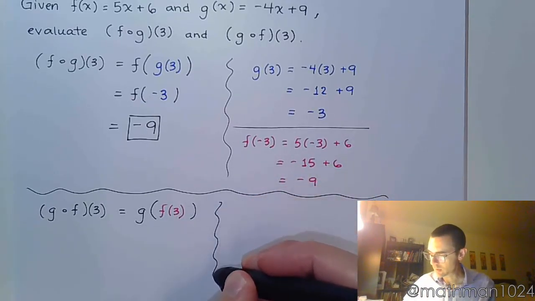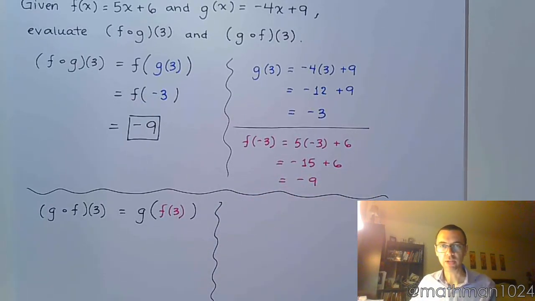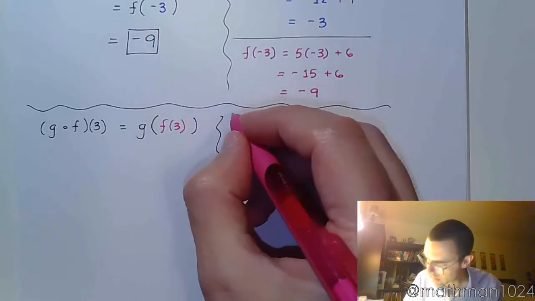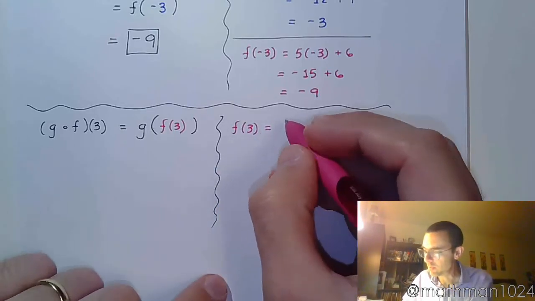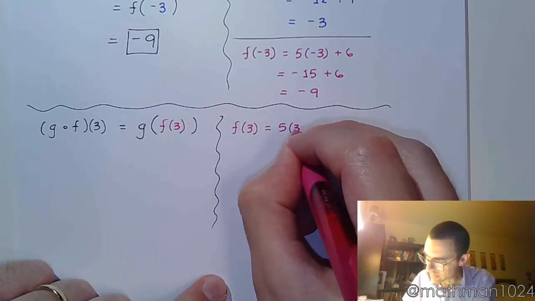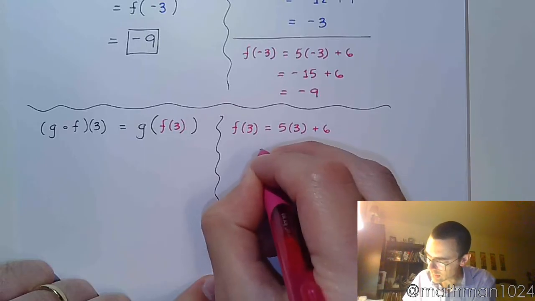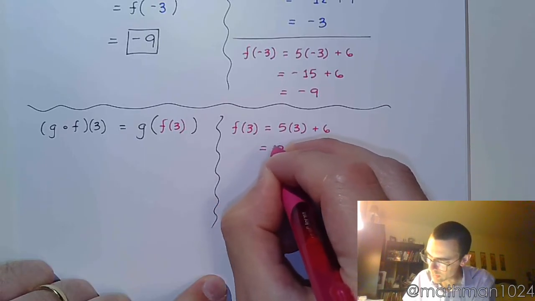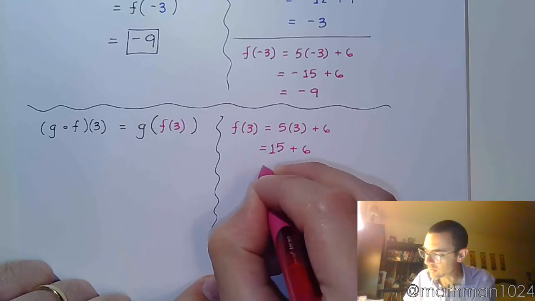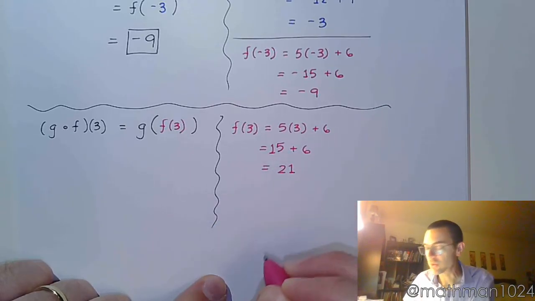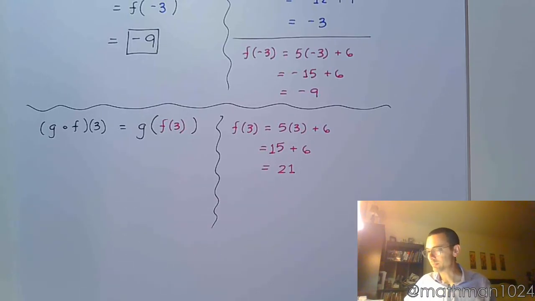So do some work over here to the side. f of positive 3 means 5 times 3 plus 6. That's 15 plus 6. I was about to just write the answer instead of showing my steps, so we get 21.